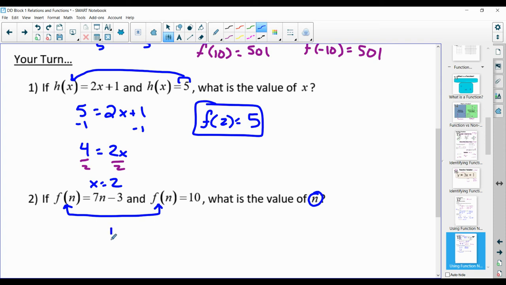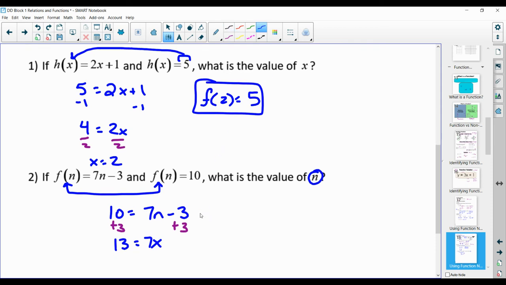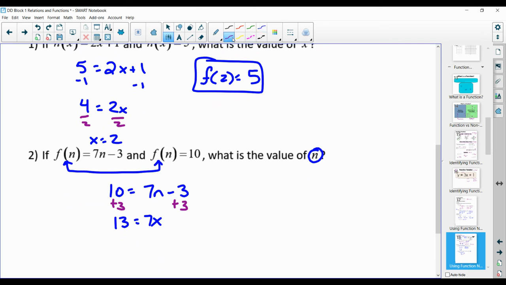And so we're going to have 10 equals 7n minus 3. Our first step is to add 3 to both sides. And so that gives us 13 equals 7n. And so we're going to take our 13 and divide by 7.